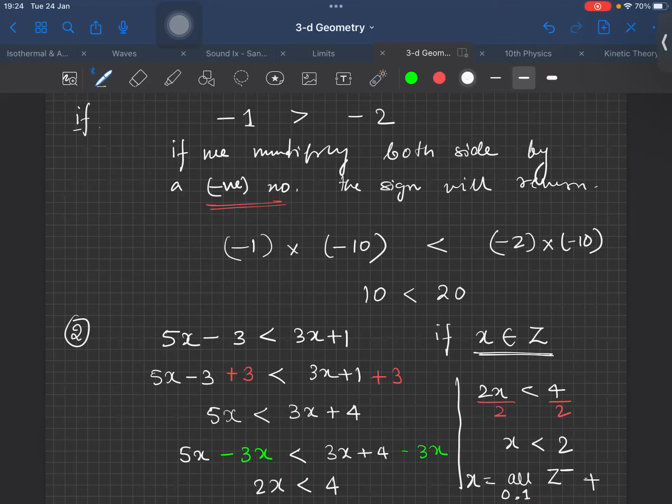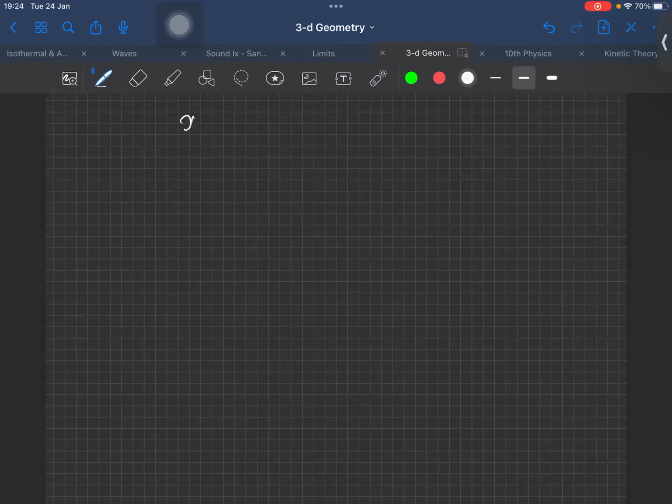So we write x belongs to negative integers, Z minus, union 0 and 1, right? That's how we are going to write it. Hopefully the rules are very much clear to you guys.